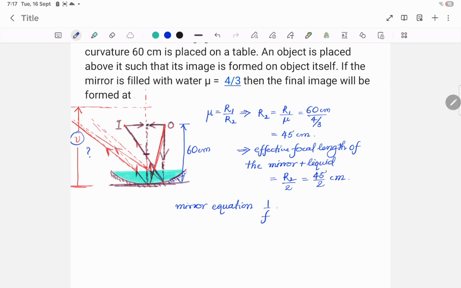Now the mirror equation: 1 by F is equal to 1 by V plus 1 by U. Now you can substitute with sign convention. F value is negative as well as U is also negative.